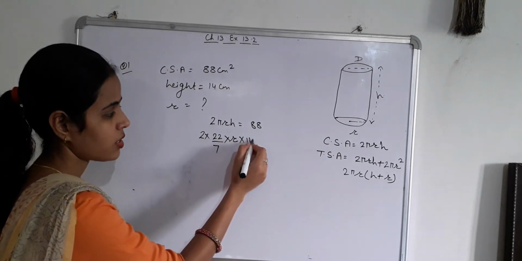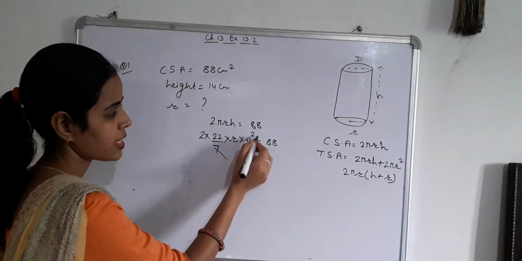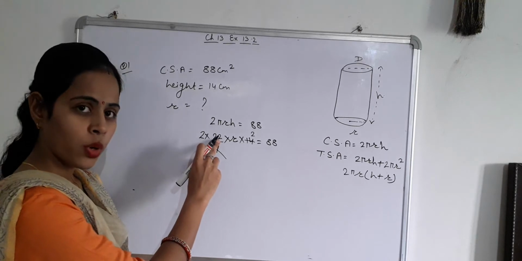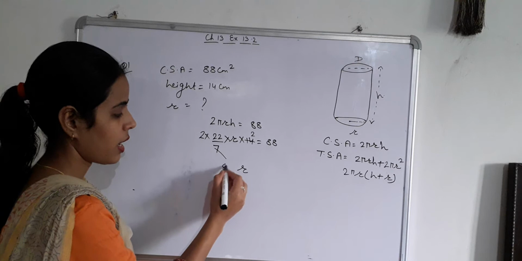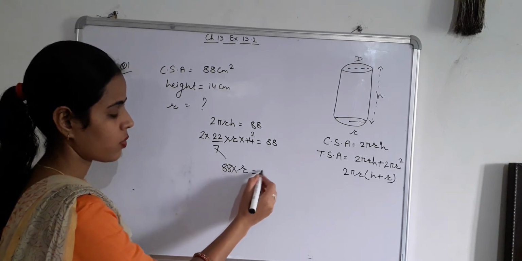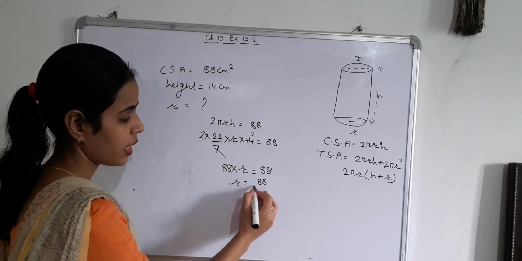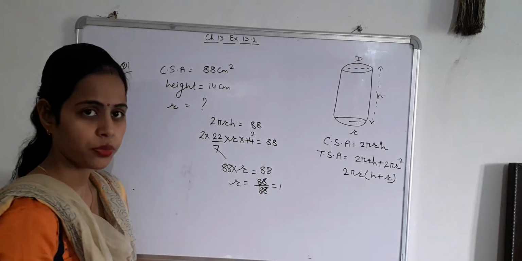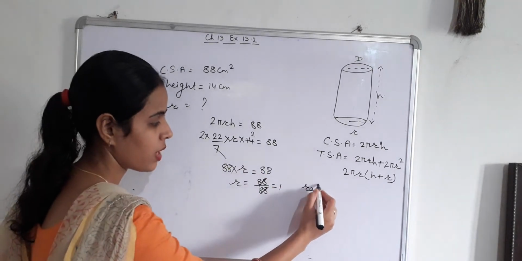H is 14, equals 88. 14 is cancelled by 7, 2. 2 into 22, 44. 44 into 2, 88. 88 into r equals 88. Then r will be 88 upon 88 equals 1. So r equals 1. Radius equals 1 centimeter.